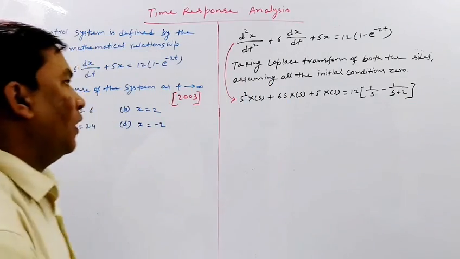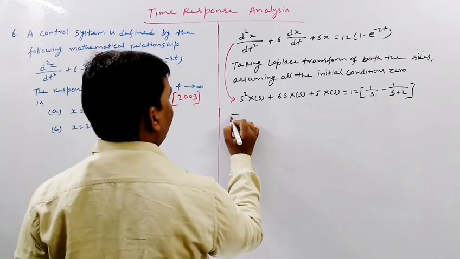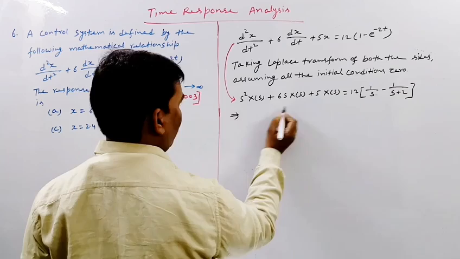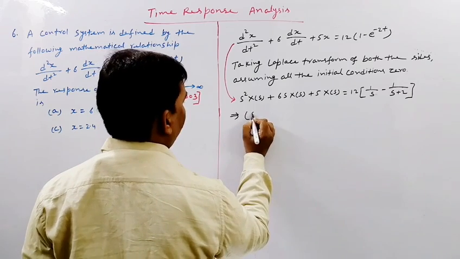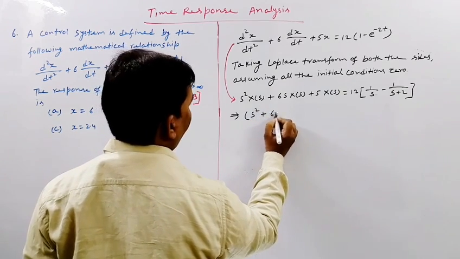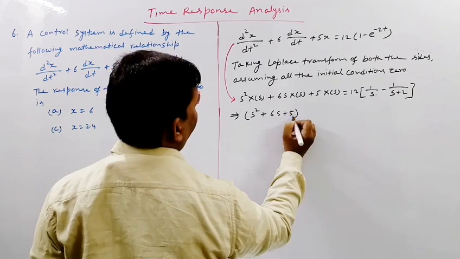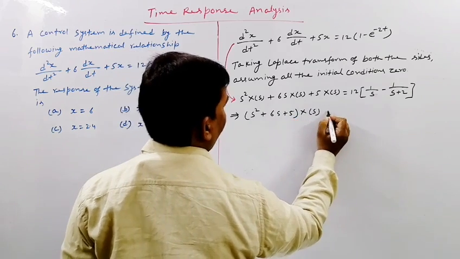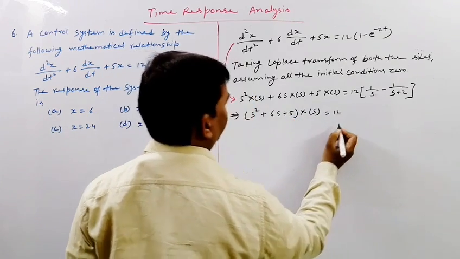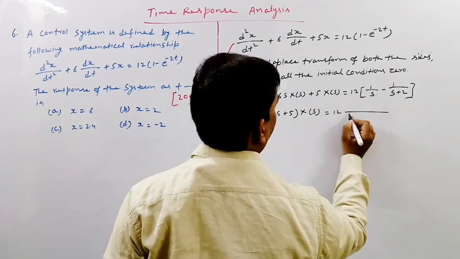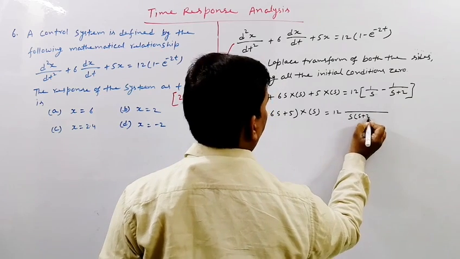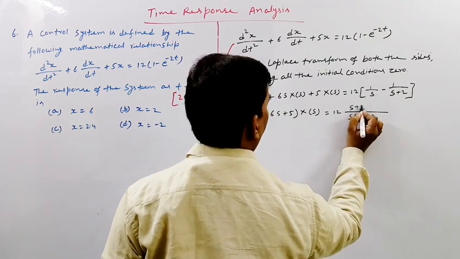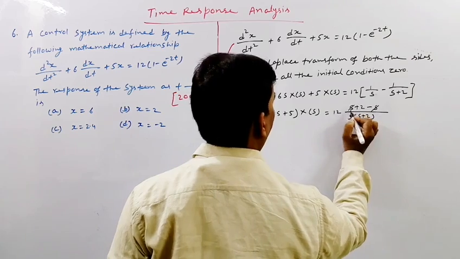Okay. Now if we take X(s) as common, this will come (s square plus 6s plus 5) X(s). This is equal to 12, and here s into (s plus 2), here (s plus 2) minus s. So s will cancel out each other.